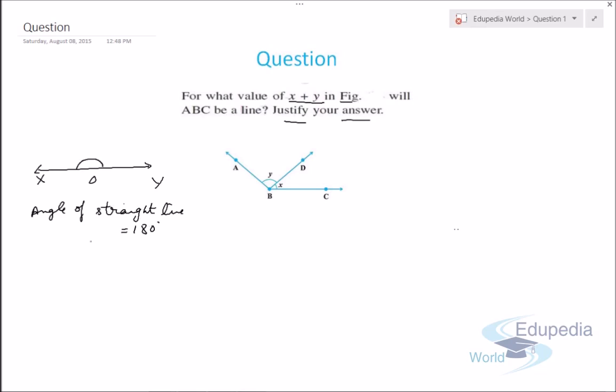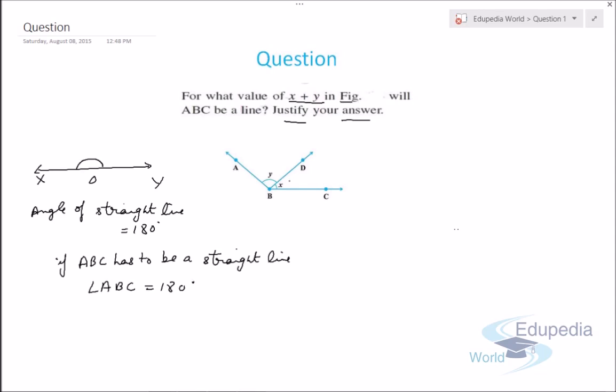This means that if ABC has to be a straight line, then angle ABC should be equal to 180 degree.